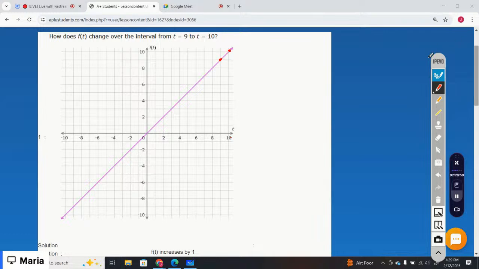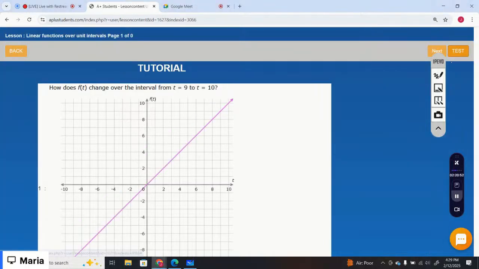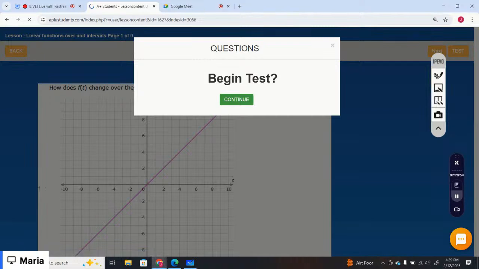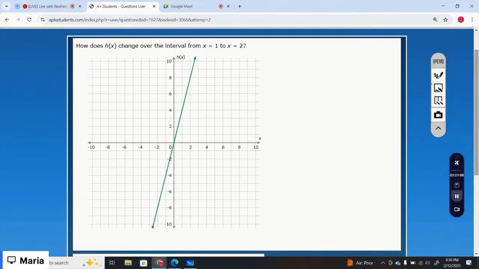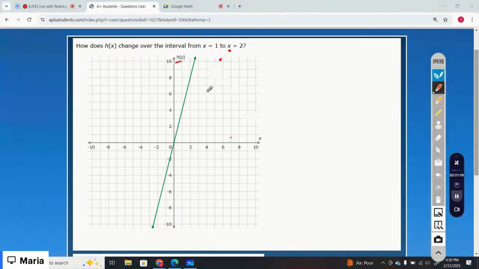Let's just start with the test questions. Let's see how the functions are increasing. How does h of x change over the interval from x equals 1 to x equals 2? So here is h of x on the y-axis and x is on the x-axis.